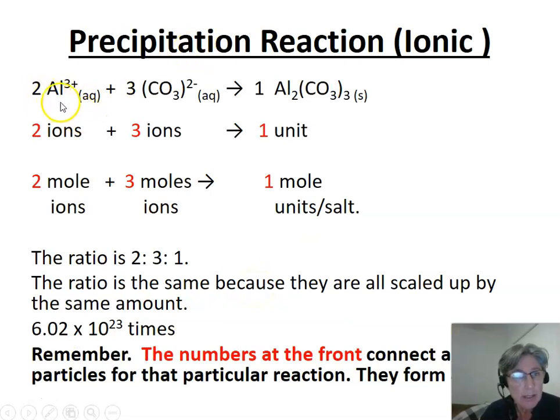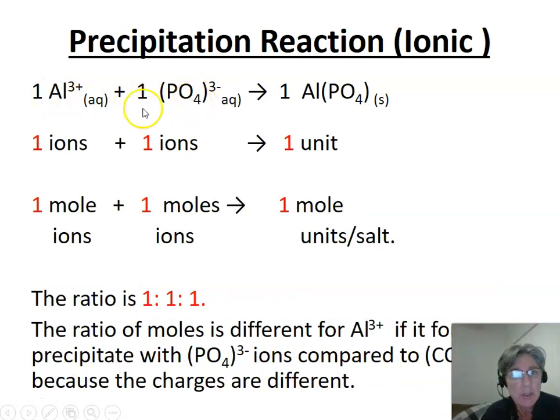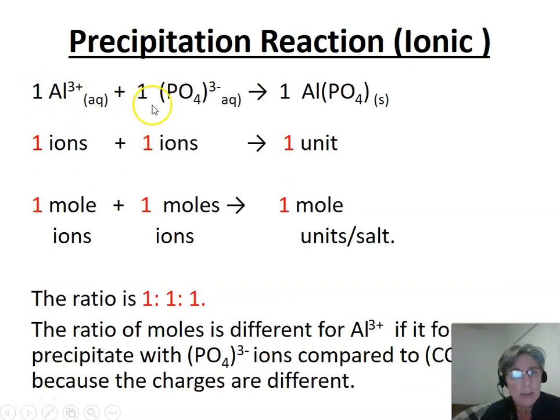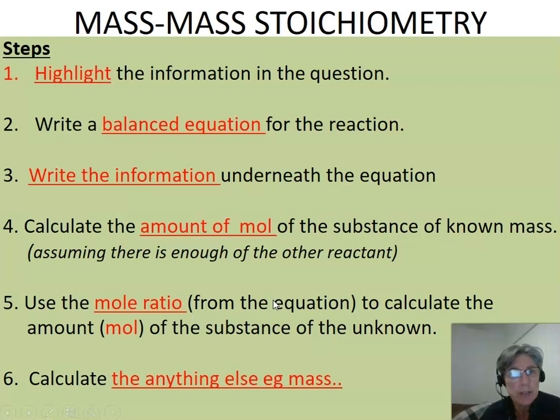To prove that these are only useful for a particular recipe, for a particular reaction, I've got aluminium on the next one and it's reacting with phosphate. And instead of a 2 to 3, it's a 1 to 1. So different ratios for different recipes.